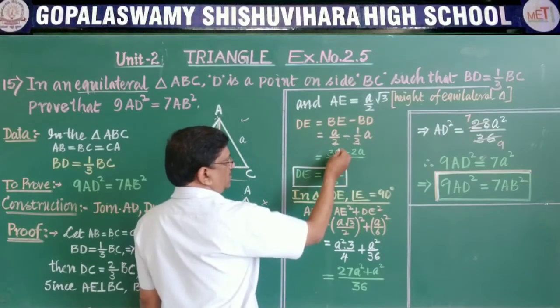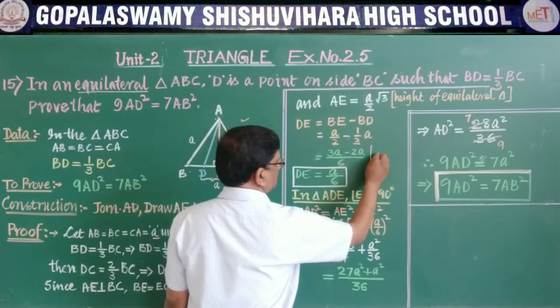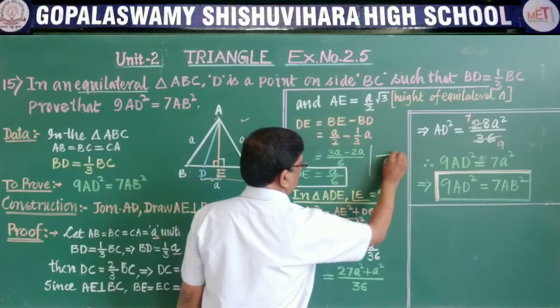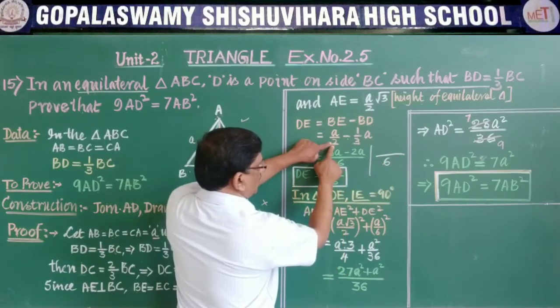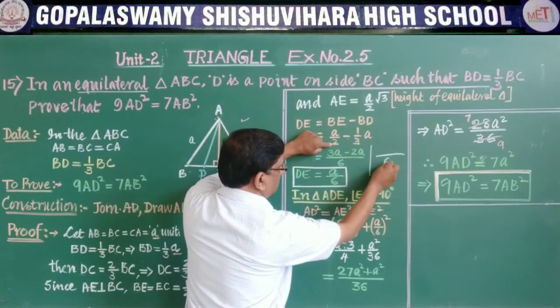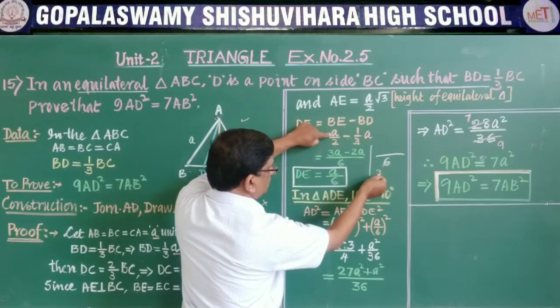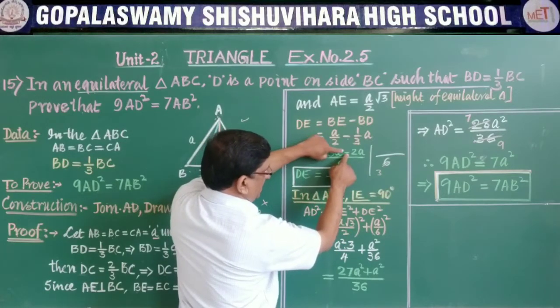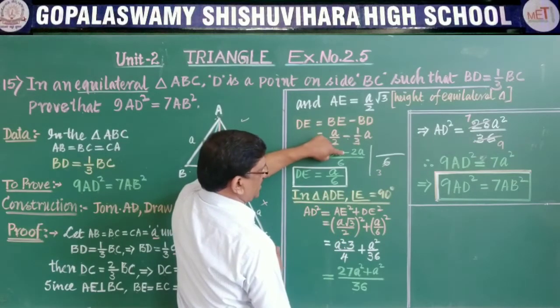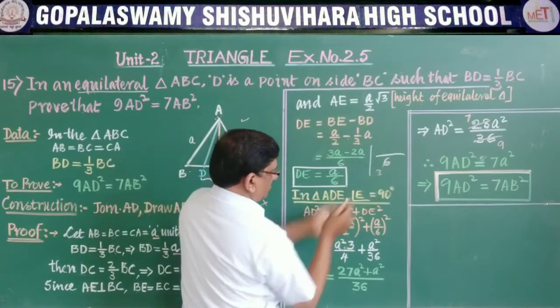So whenever we simplify it, 6 is the LCM. From 2, you have to divide 6 how many times? 2 3s are 6, so 3 into A is equal to 3A, minus. Here 3 is in the denominator. What is the LCM here?